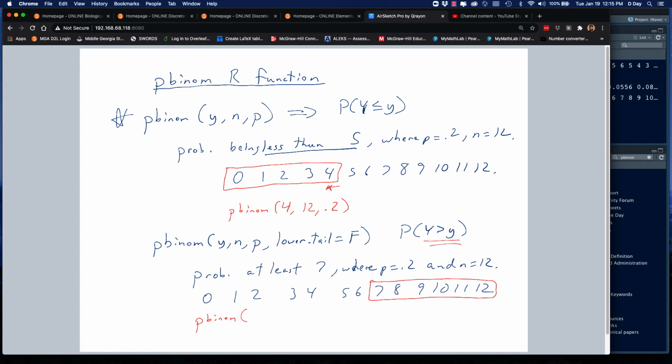So I don't want to plug in this number here, I want to plug in this number here. I'm going to plug in just below the number I want. This only works this way, by the way, with discrete random variables. With continuous random variables, this kind of thing doesn't matter. But for now, I'd have to plug in 6, comma, 12, and 0.2, and then put that lower.tail equals false in there.